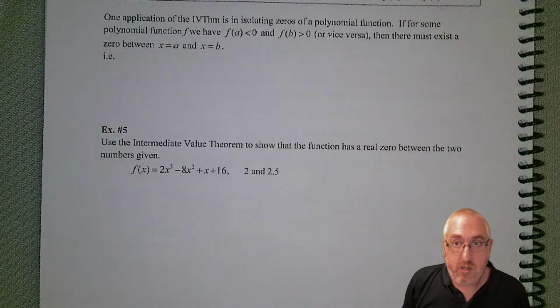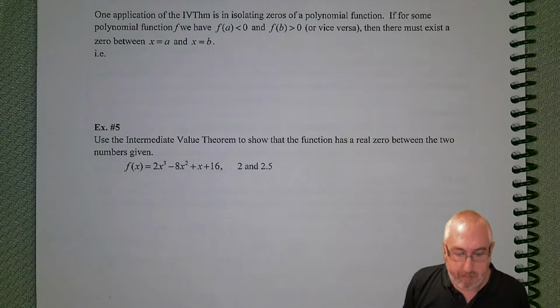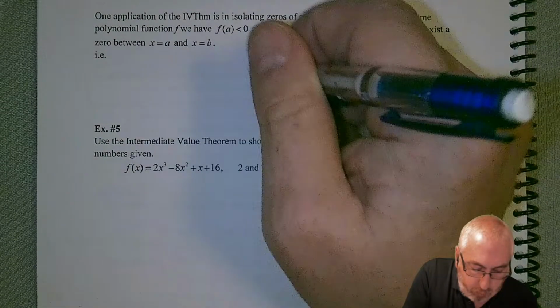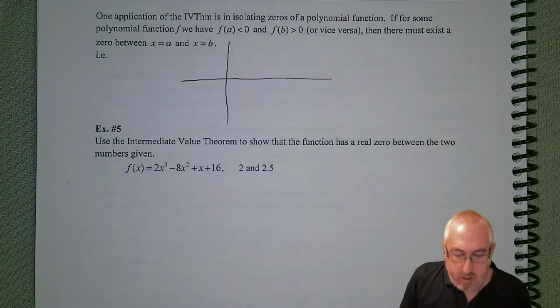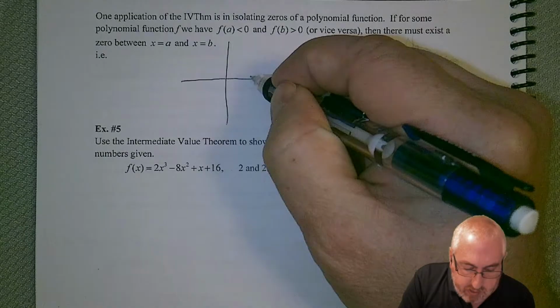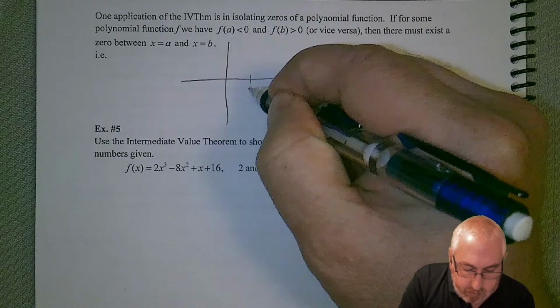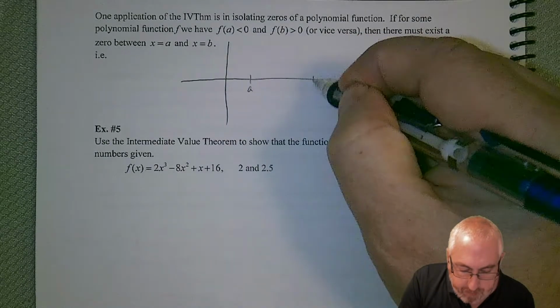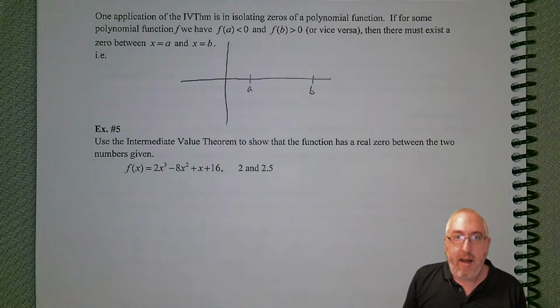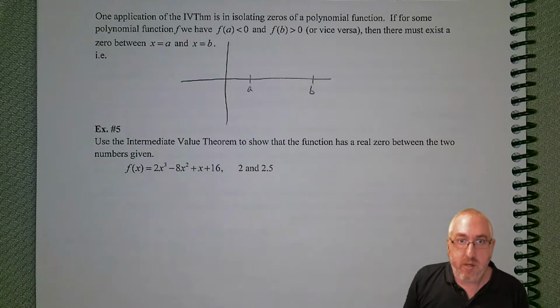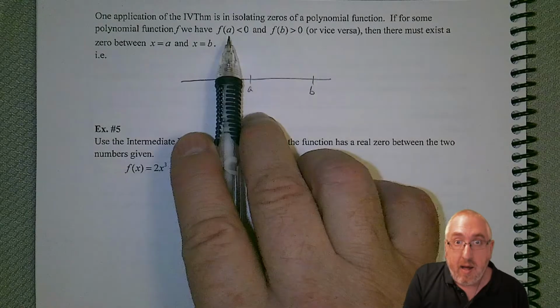So let's just draw a quick little sketch to show you what I mean. Let's focus on the first and fourth quadrant. If we said that A was equal to this x value here, and B was this x value there, and now we have a function that has f of A less than 0.